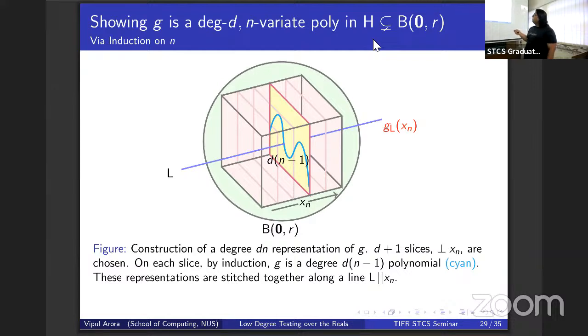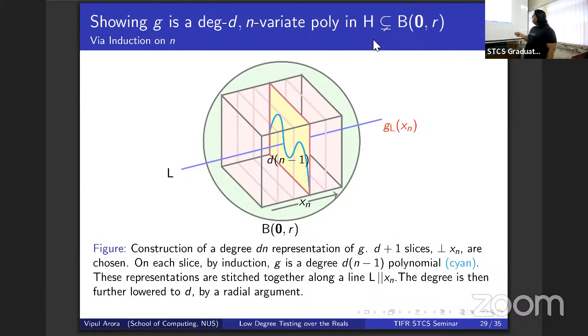You stitch them all together to get a degree Dn, n-variate polynomial representation. And in the next step, this degree is brought down from Dn to D via another radial argument. So at the conclusion of this step, in the pink region, you will have a degree D n-variate polynomial representation for G.